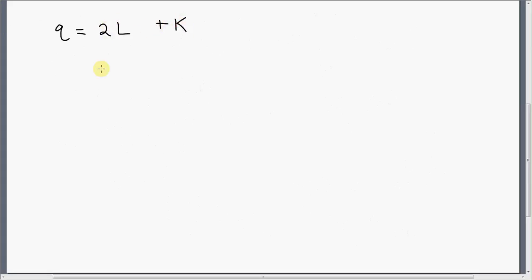So here's another perfect substitutes type production function. Let's say 8.